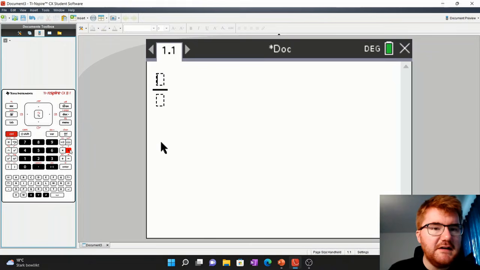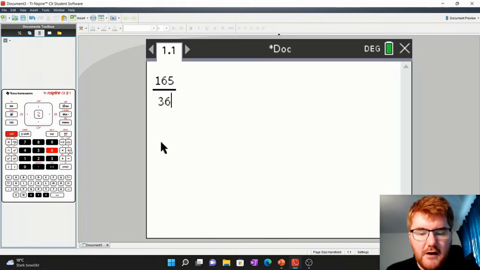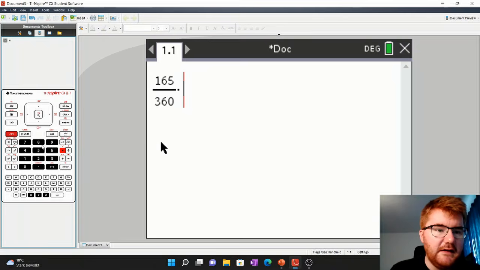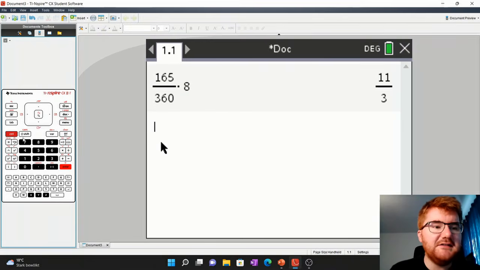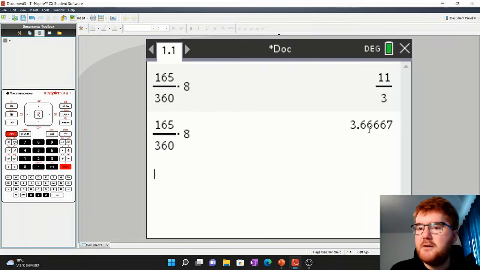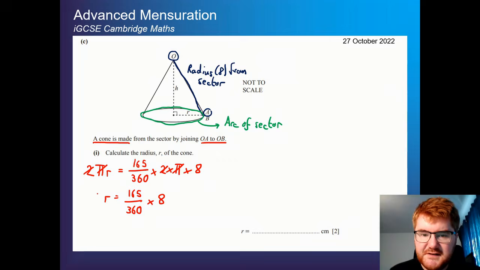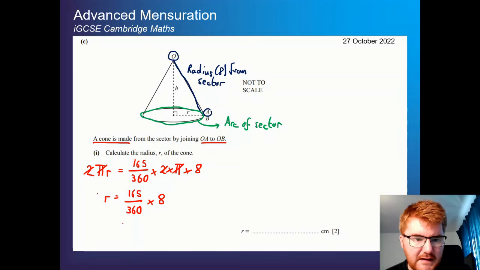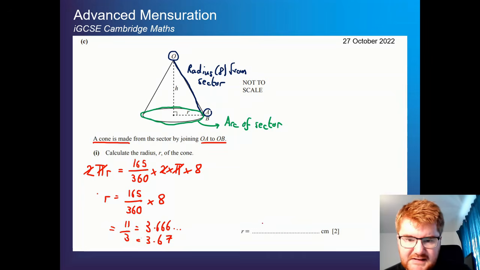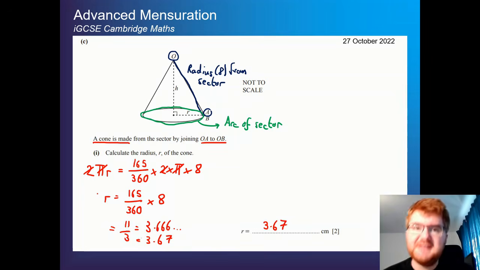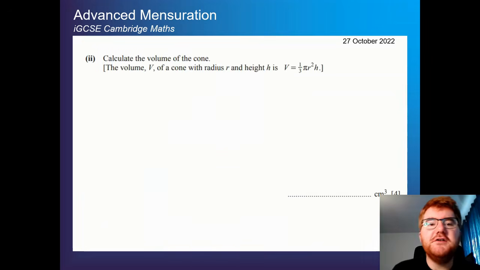So all we do is just type in 165 over 360 times 8, giving us the exact answer of 11 over 3, but can be written as a decimal as 3.67. So we're going to pop that across. See, this 11 over 3 is going to be important a little bit later on, but for this question, we're going to write this to 2 decimal places, so 3.67, like so.